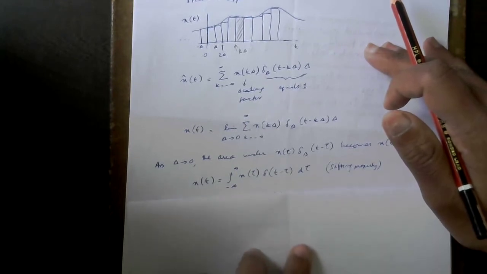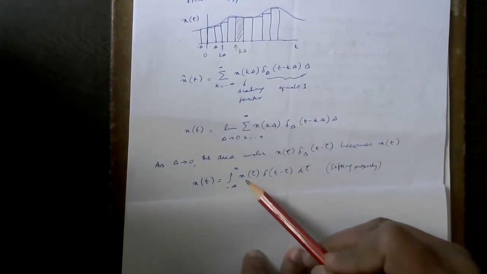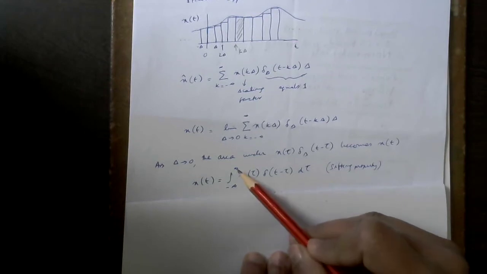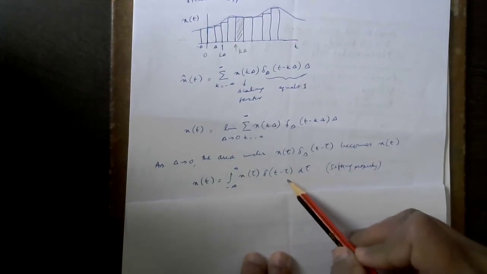So essentially this summation will become an integral, and we write x of t equal to the integral from minus infinity to infinity of x of tau delta of t minus tau d tau.